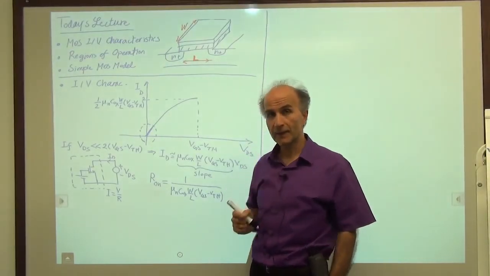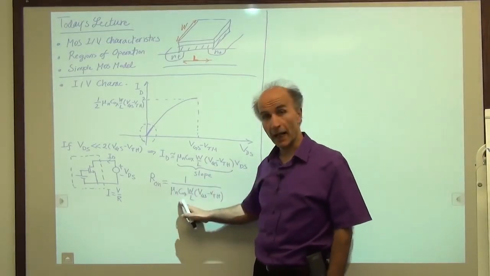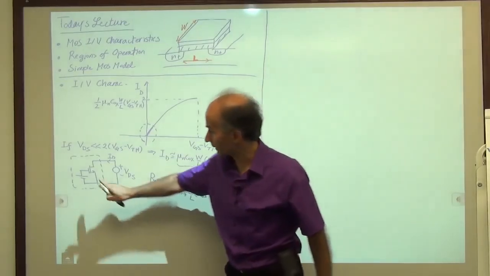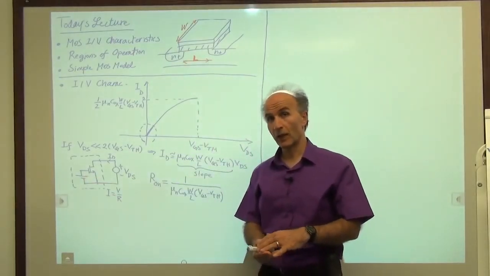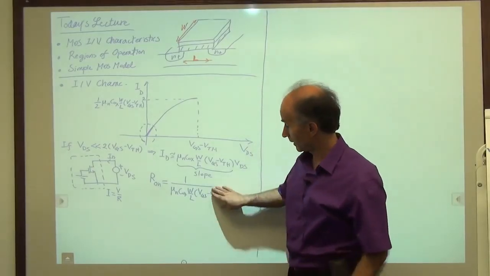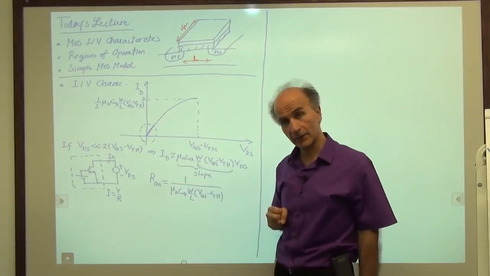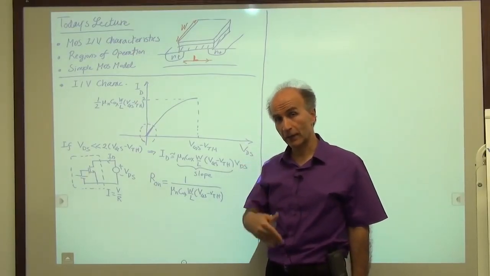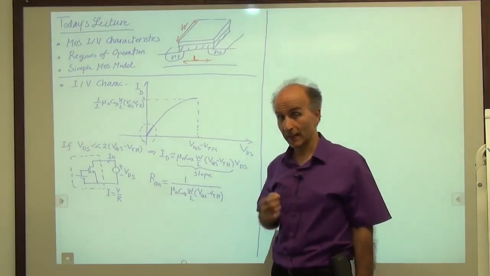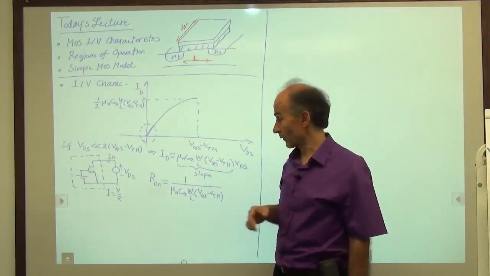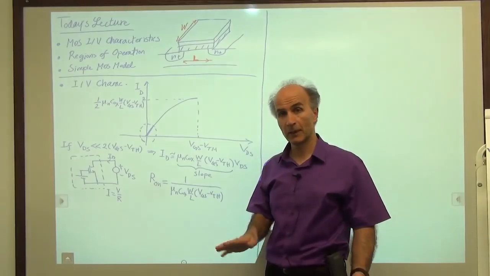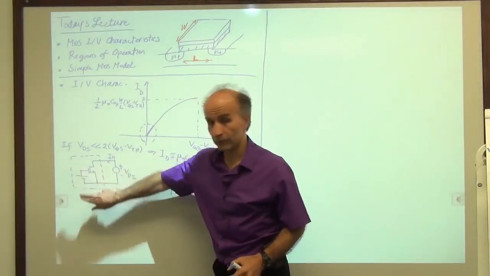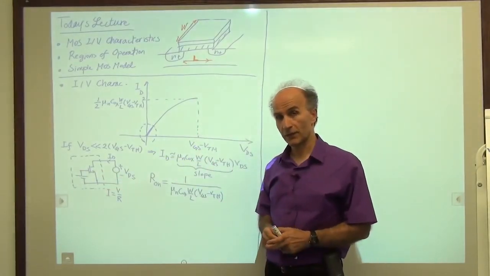The value of this resistance actually is under my control by this VGS, by this battery. So if I pick this battery to have a high voltage, then this resistance is small, and vice versa. So this is an electronically adjustable, electronically tunable resistance, and that's why it's so useful. If it were just a resistor by itself, maybe, maybe not, but because we can adjust its value electronically by changing this gate source voltage, then it is actually very interesting.